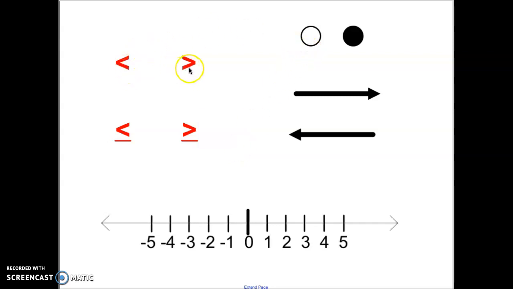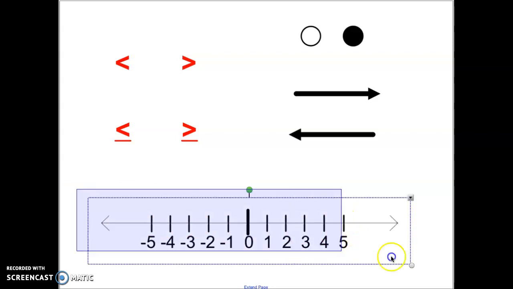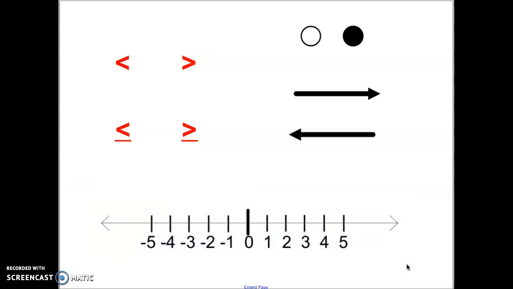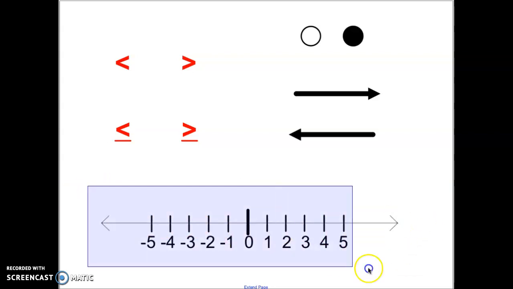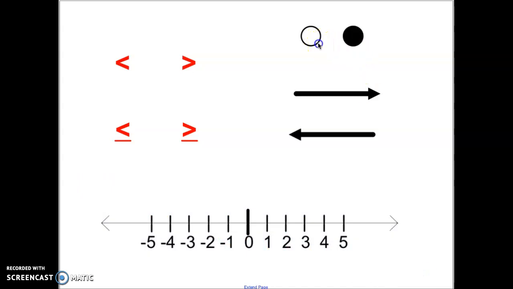Less than or greater than, you'll notice these two right up here do not have an equal sign. When we plot on a number line, we would use an open circle for a less than or a greater than.